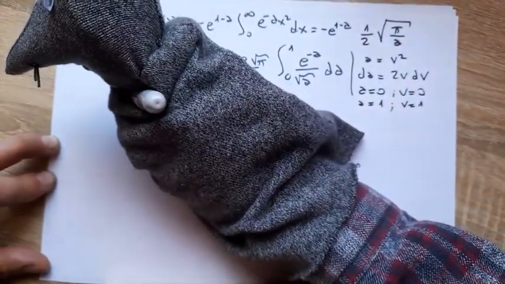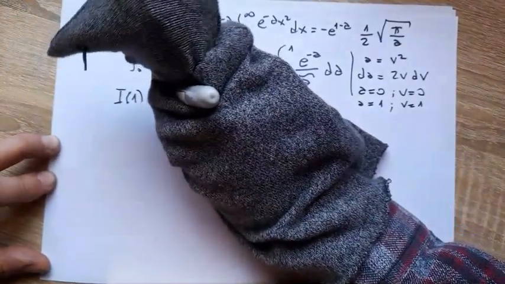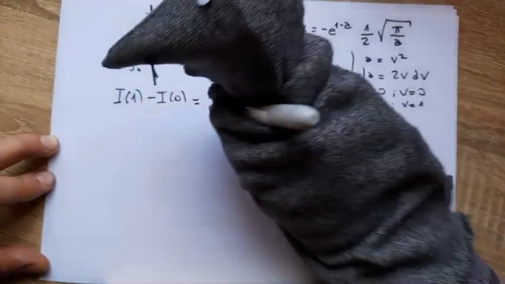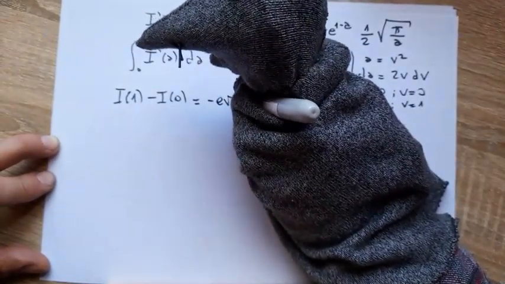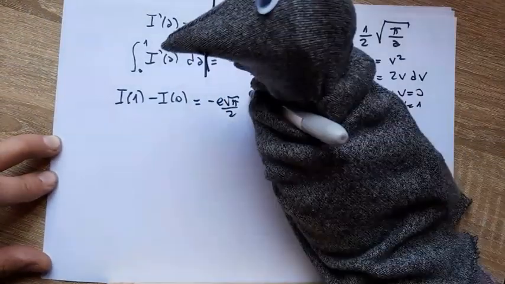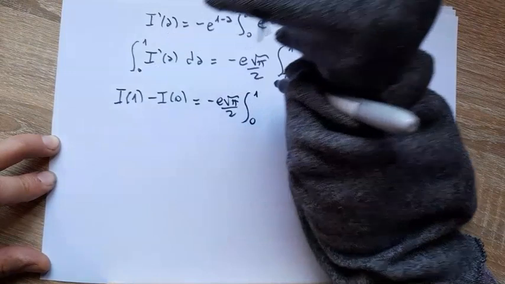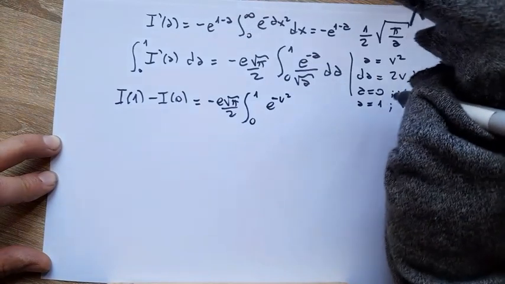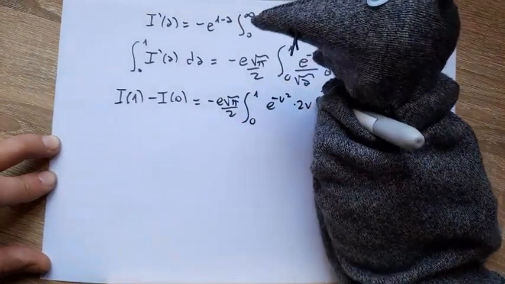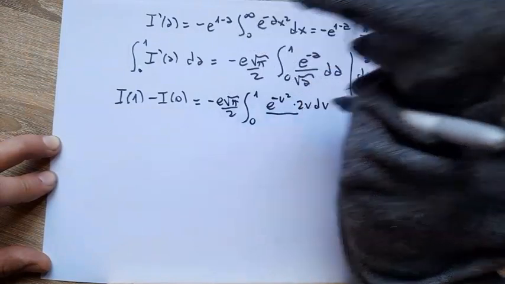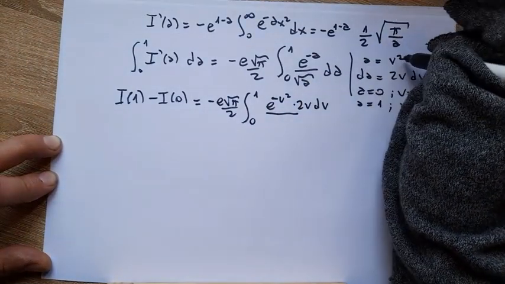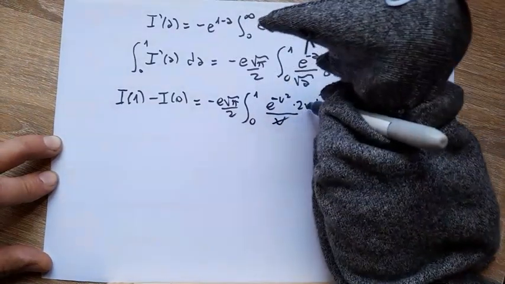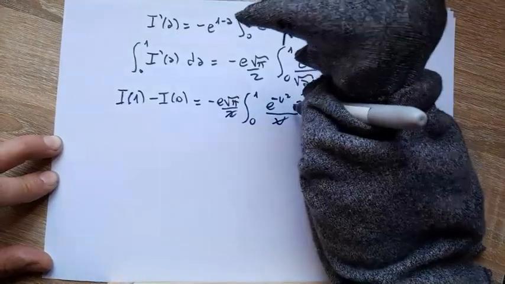So this is I of 1 minus I of 0 equals minus e square root of pi over 2 times the integral, same integration limits, of e to the minus v square, the differential is 2v dv, over square root of a. When we take the square root of a, we get v.